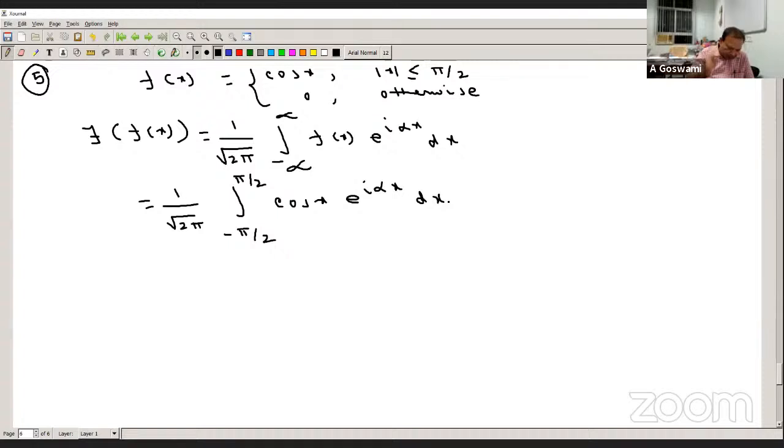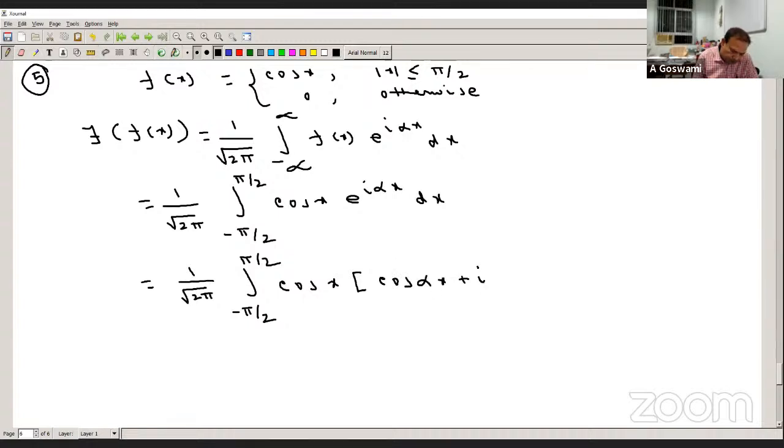Was there any problem in the evaluation of the integral? Because e power i alpha x, I think we can substitute in terms of cos and sine. So 1 by root 2 pi, integral from minus pi by 2 to pi by 2 of cos x into (cos of alpha x plus i sine of alpha x) dx.